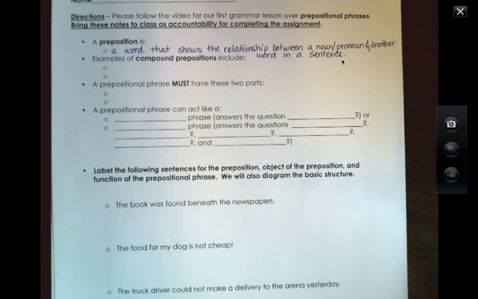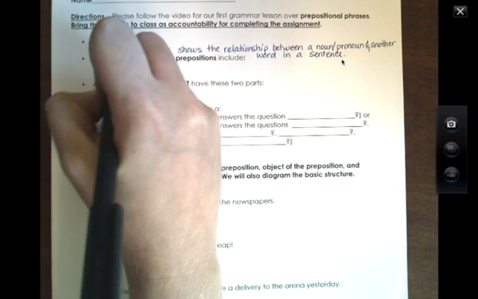Like sentences, we have compound prepositions. And all a compound preposition is, is a two-word preposition. Some examples of those are because of.